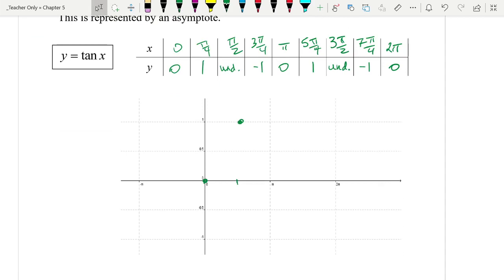So it makes a curve like that towards infinity. This is meant to be a much smoother curve. And then at negative pi by 4, it would again be -1.